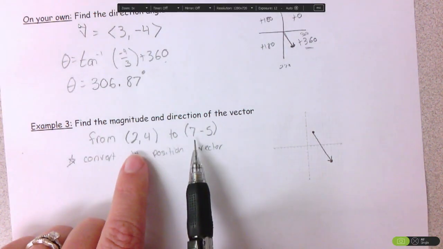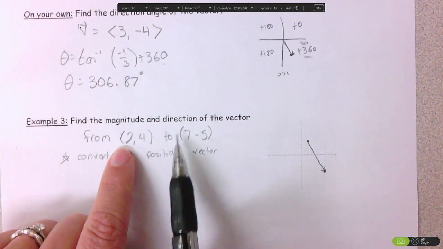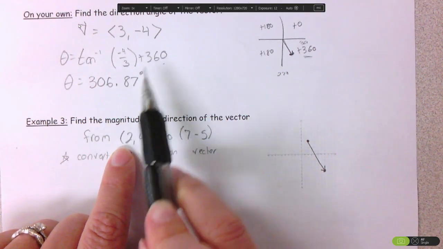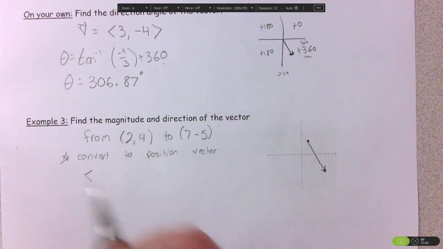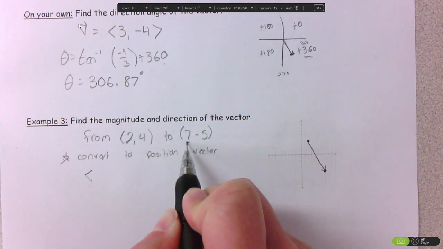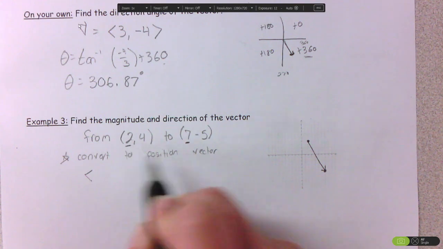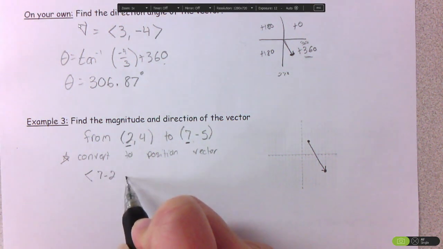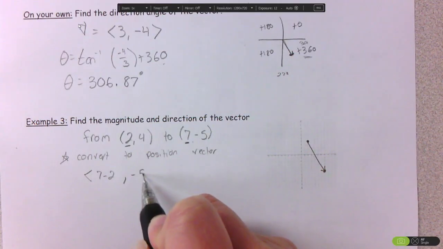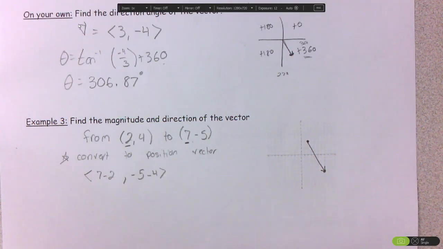Notice when it's not a position vector, the parentheses are just regular parentheses instead of pointed. When I convert it, we'll use the pointed, and I'm always going to take the x's and subtract second minus the first, and then I'll take the -5 and subtract the 4.